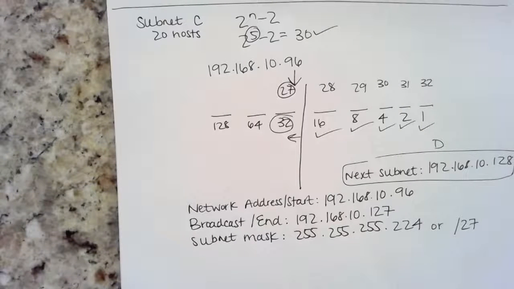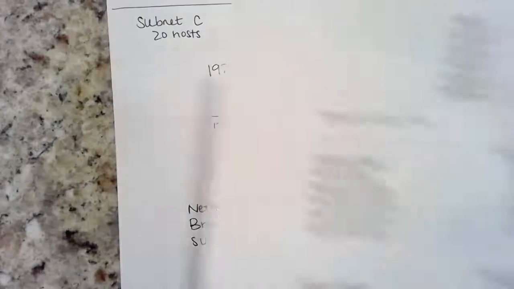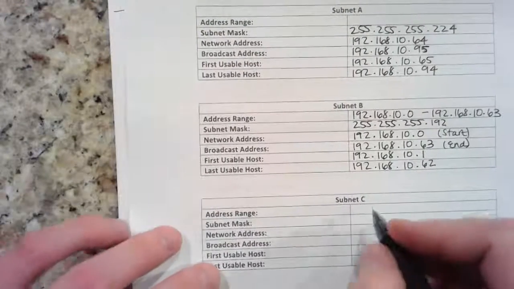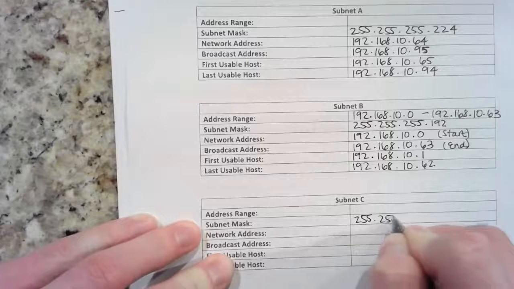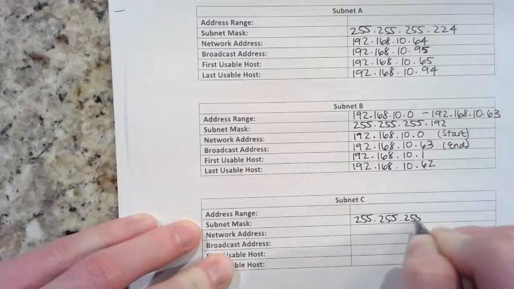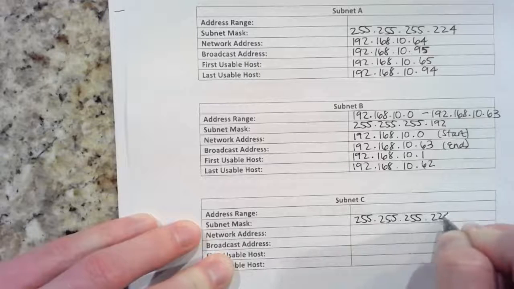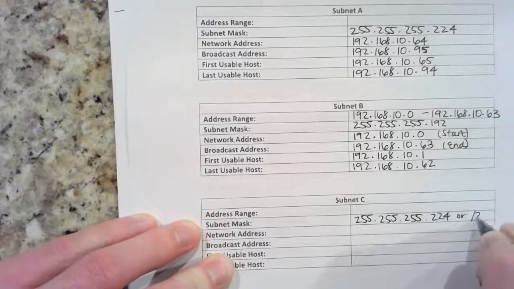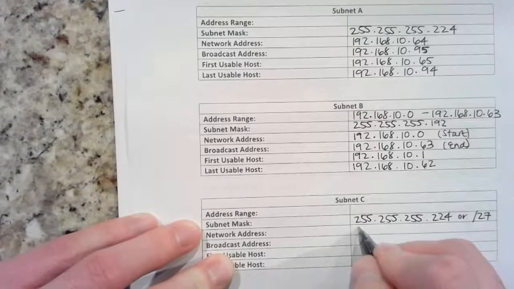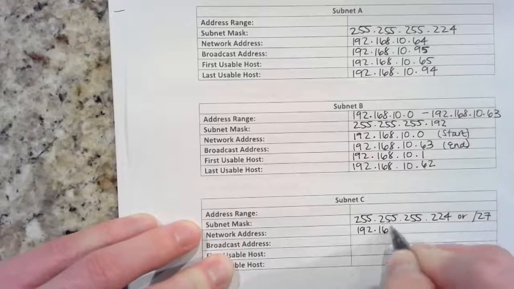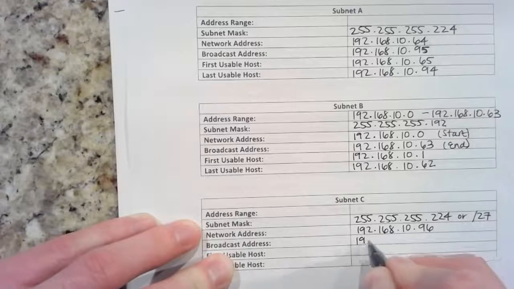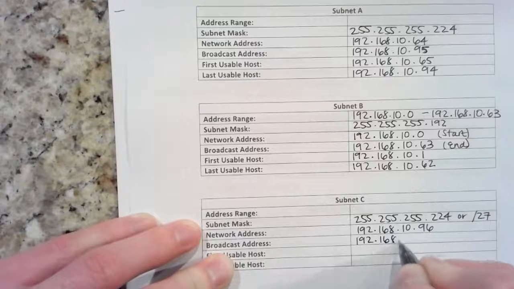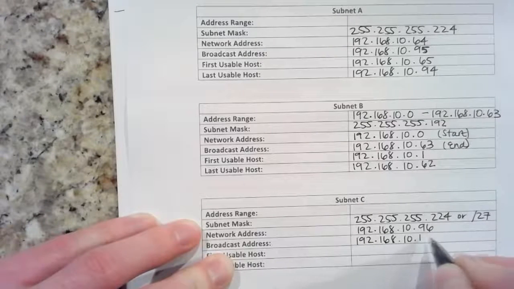So using this, we're going to fill out subnet C. So our subnet mask was 255.255.255.224 or /27. Our starting address was 192.168.10.96. Our broadcast or end was .127.